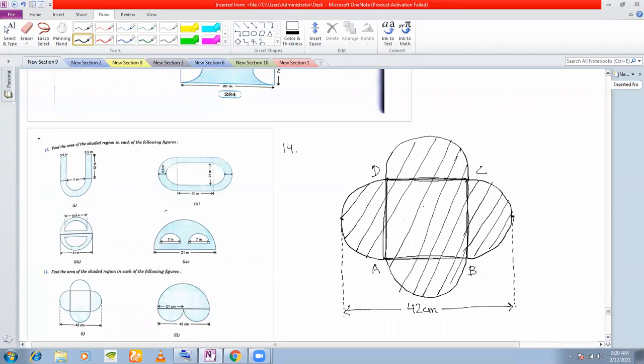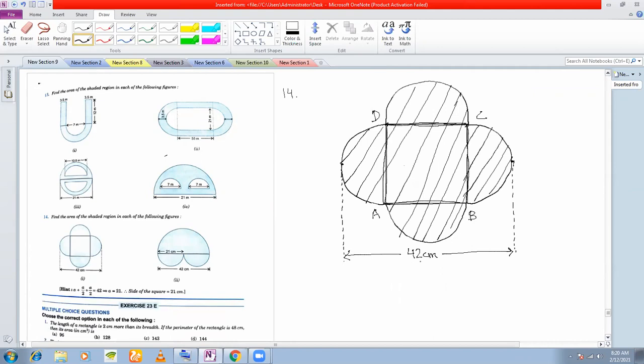But the point here is, what is the radius of the semicircles? What is the side of the square? Because only one measurement is given to you here, this 42 centimeter. So I start by saying, I take the centers of the semicircles.